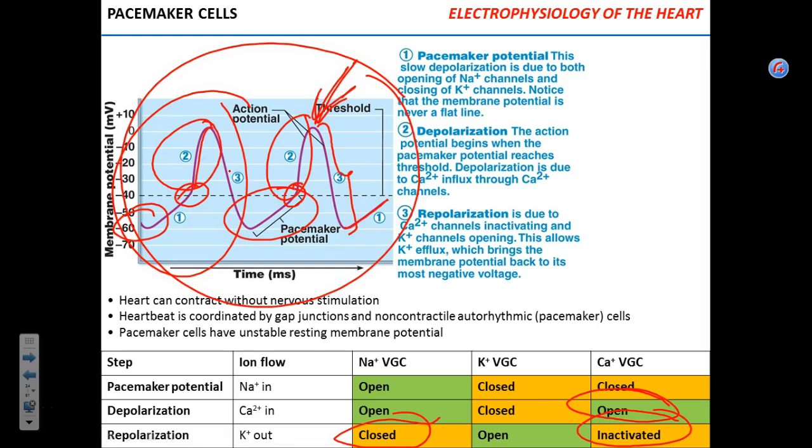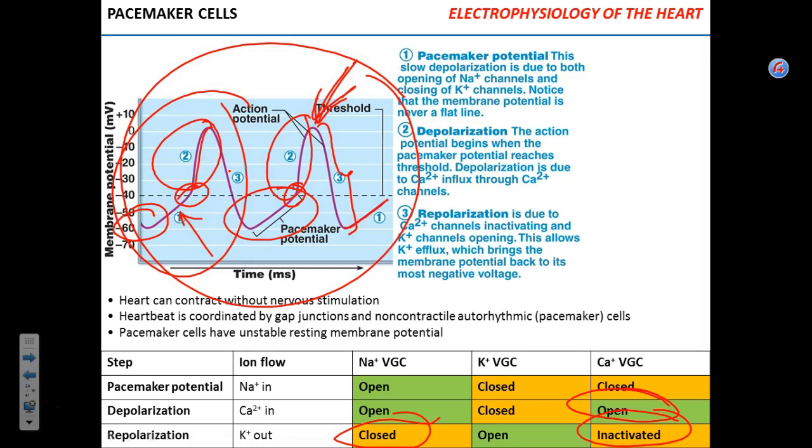Remember we talked about contraction of cardiomyocytes. You have channels that have to be stimulated, have to be externally opened. The sodium channels that are responsible for the pacemaker potential are open at the resting membrane potential. Does that make sense? So when the cell is in the resting state, the sodium channels are open.